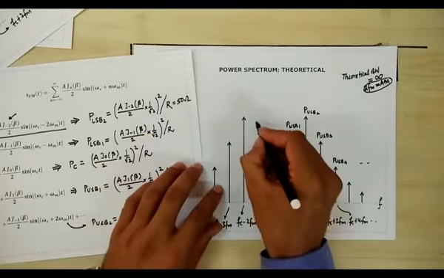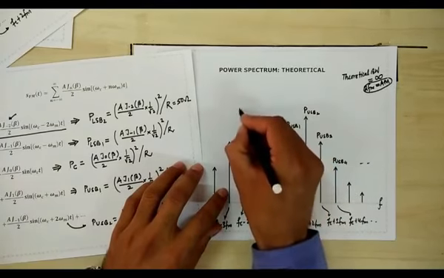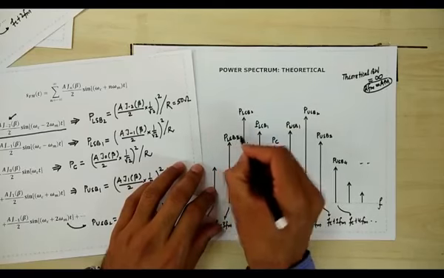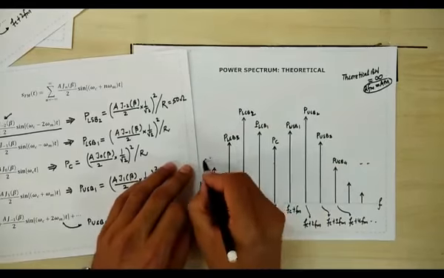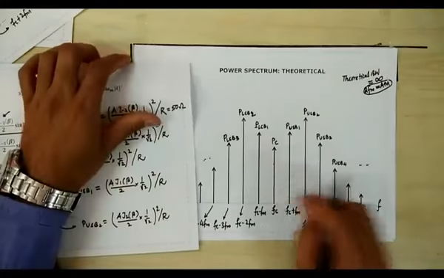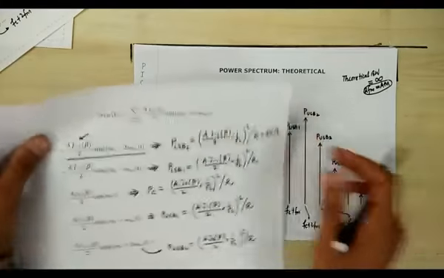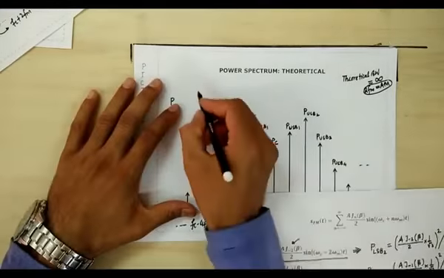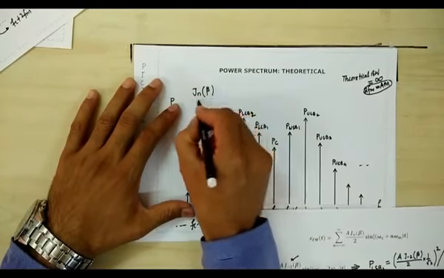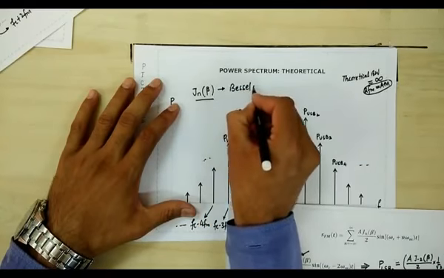If you see this equation, this is PLSB1, this is PLSB2, this is PLSB3, and so on. So these are the powers associated with these sidebands and the carrier term. So the question which may arise here is what is Jn beta? This is called Bessel's function.